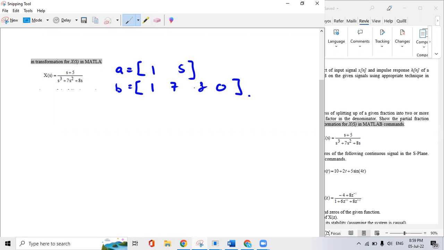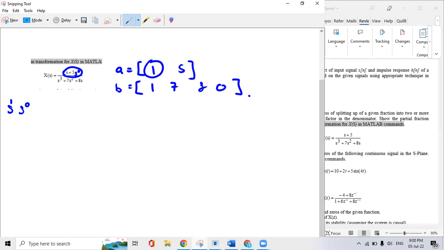This is because when we look at the numerator, the largest power inside the numerator is s power 1, followed by s power 0 right here. So the value 1 right here comes from s power 1. So we can see that the coefficient of the largest power in the numerator is 1, followed by 5.